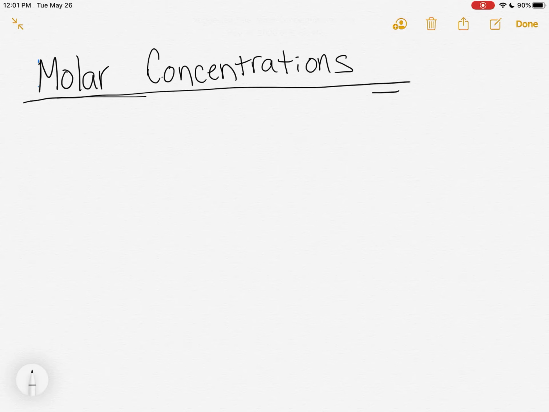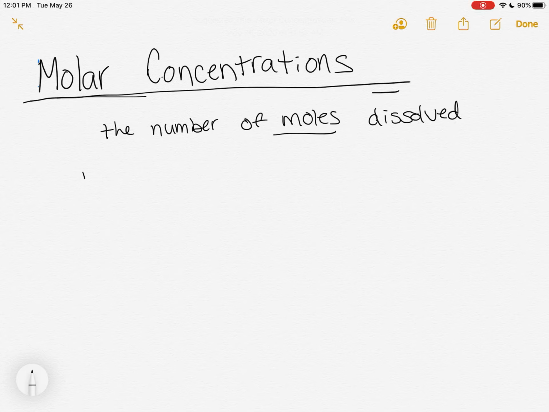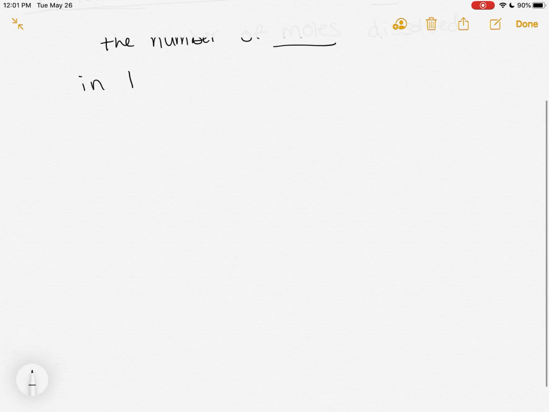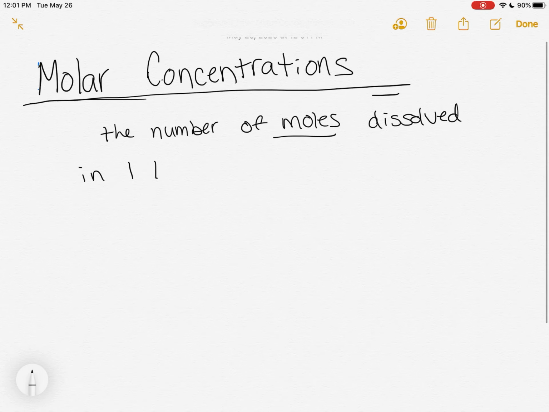So in this video, we're going to have a look at calculating molar concentrations. Molar concentrations are going to be the number of moles dissolved in 1 liter of a solution.